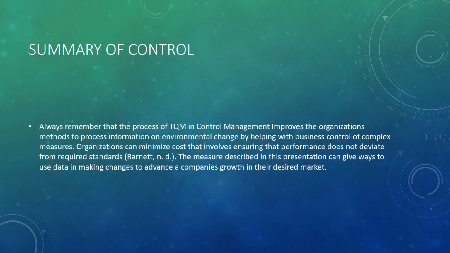That's a quote from Burnett. The measures described in this process can give ways to use data and make changes to advance a company's growth in their desired marketing and direction, and to keep them on track along the way to make sure that all standards are met by company standards worldwide.